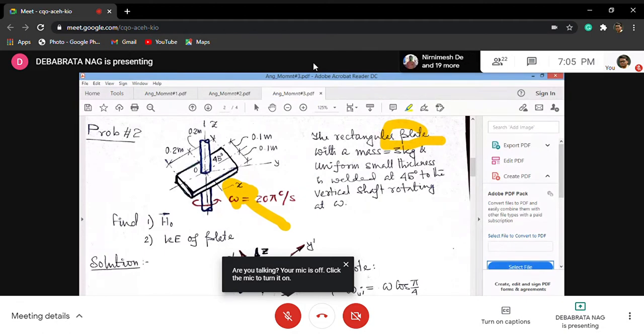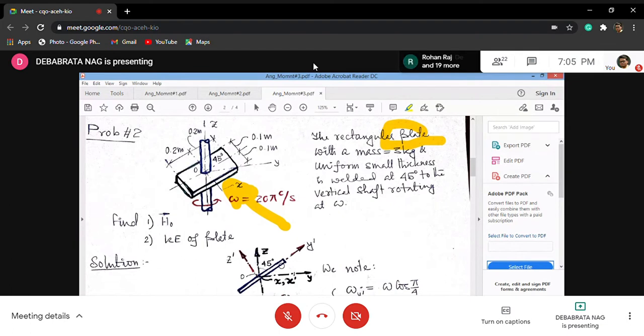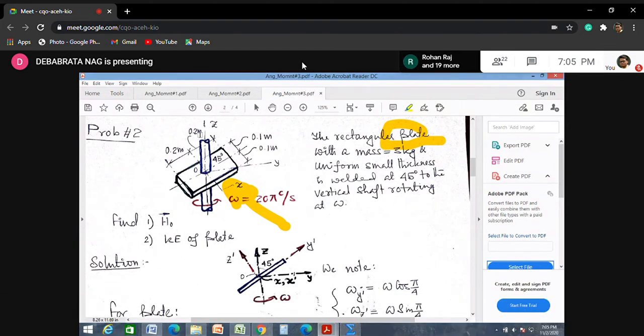This plate makes an angle with respect to the shaft. The shaft is vertical. It is not perpendicular to the plane of this face. From this view it looks like the shaft is perpendicular to the plate, but it is not, because this 45-degree angle is mentioned here.